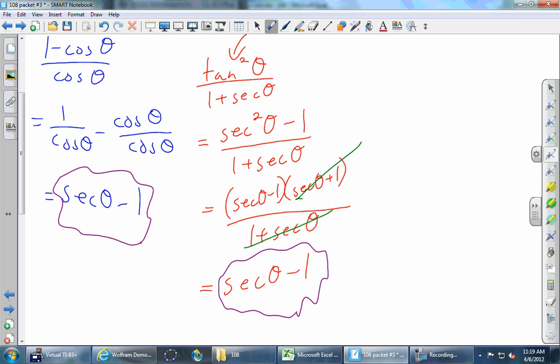Todd's way is easier. So I'll just write it and then erase it so it doesn't get too cluttered. But I think, where were you, Todd? Right up. Yep. What did you do? 1 plus secant on top. But not 1 plus, 1 minus.